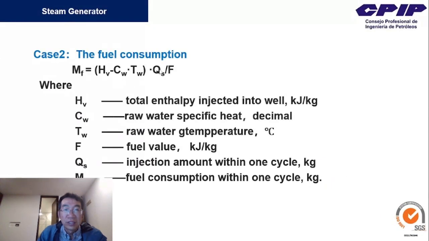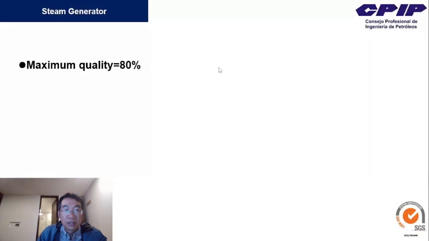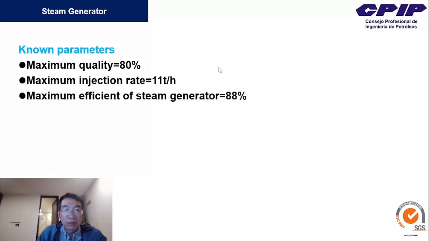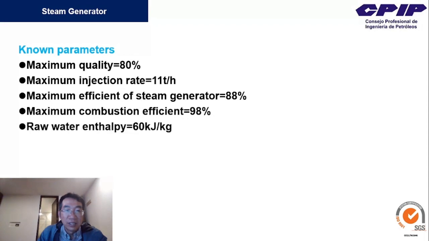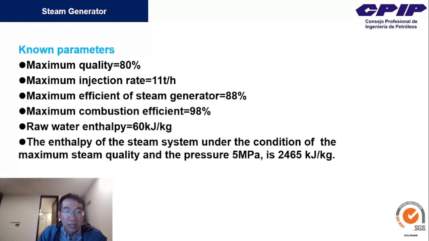The fuel consumption question. The known parameters are: maximum steam quality is 80%, the injection rate is 11, the maximum efficiency of the steam generator is 88%, the maximum combustion efficiency is 98%, and the raw water SV is 60.